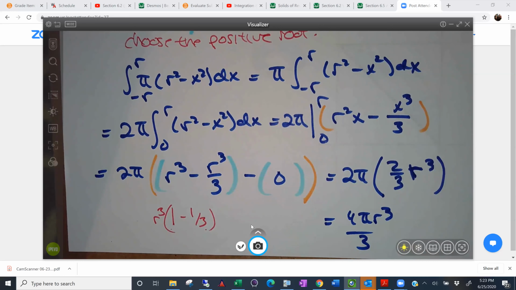Wow, that's cool. You just proved the volume formula for a sphere. It's right there. Well done. Good job.